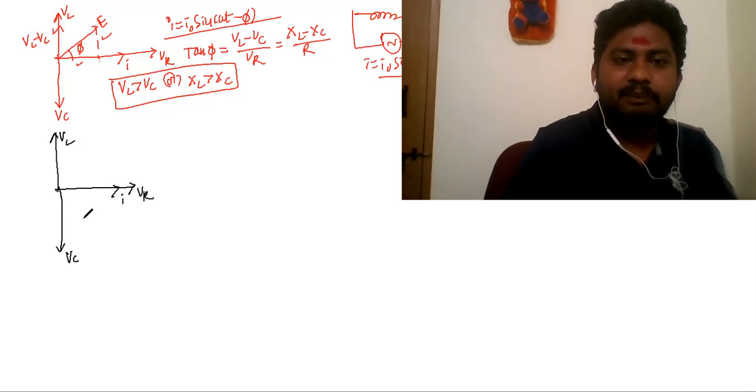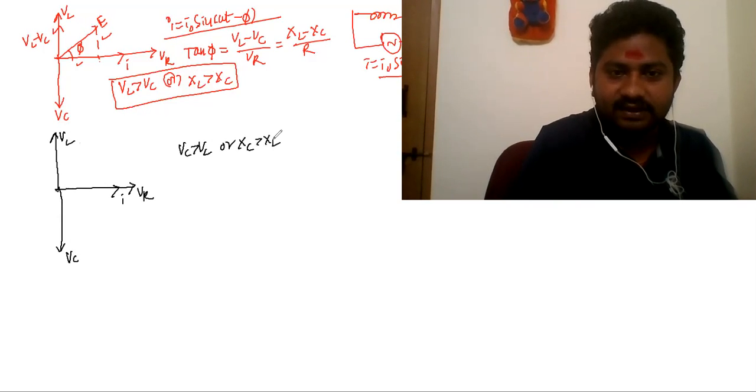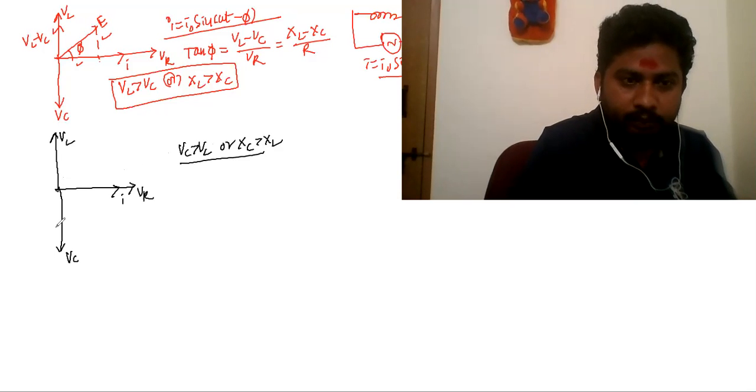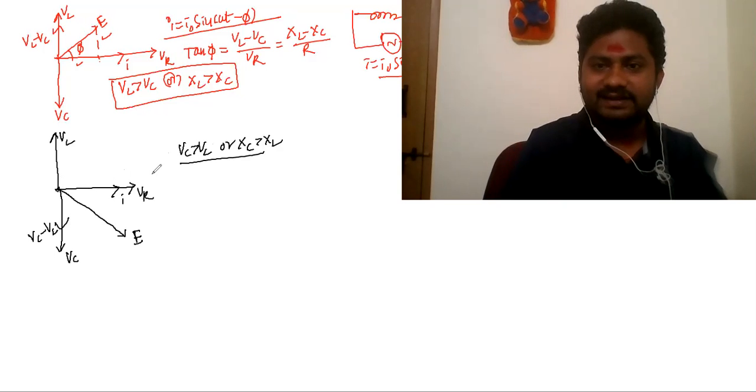Let us take a capacitive dominated circuit, that is VC is greater than VL, or XC is greater than XL. This is called a capacitive dominated circuit. So this will be the final resultant vector VC minus VL, the net potential across the complete LCR.